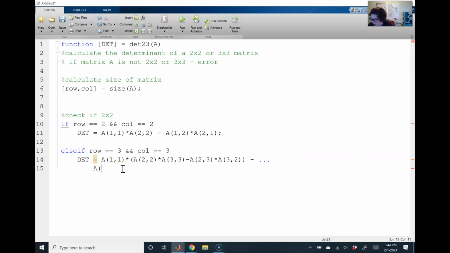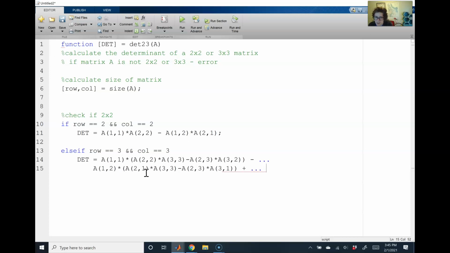So we're going to have A first row, second column times A second row, first column times A third row, third column minus A second row, third column times A third row, first column.